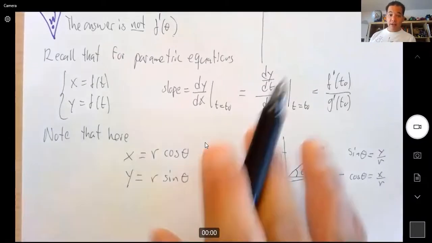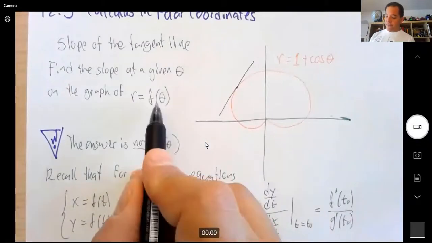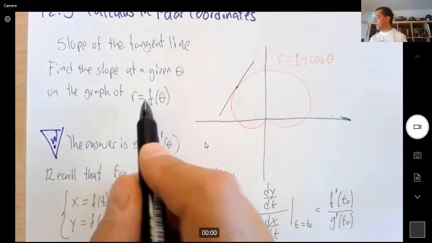But here in our particular setting, we know that r is a function of theta. So r is f of theta.